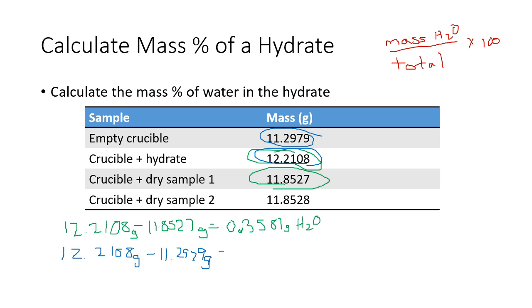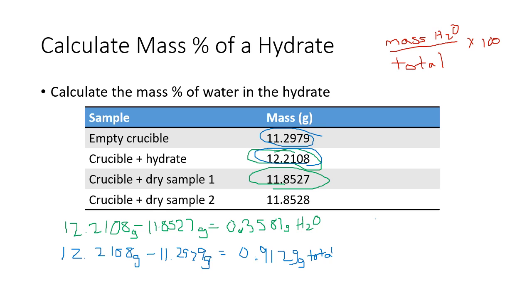And again, our sig fig rule for addition and subtraction says that we're going out to the fourth past the decimal. So when we do 12.2108 minus 11.2979, we get 0.9129. We'll pretend that that 9 does not look like a G.